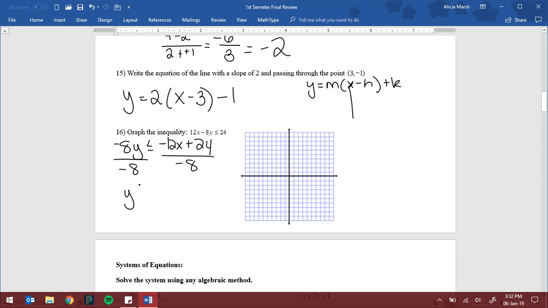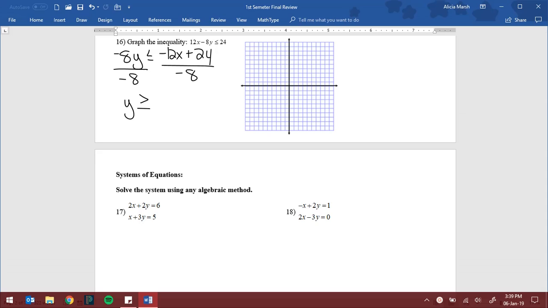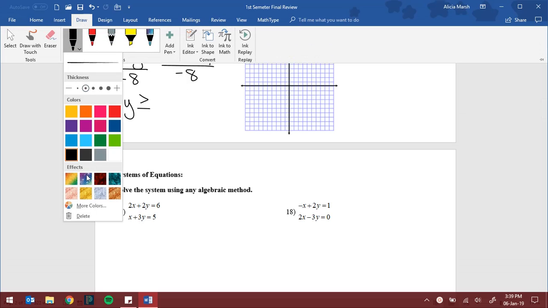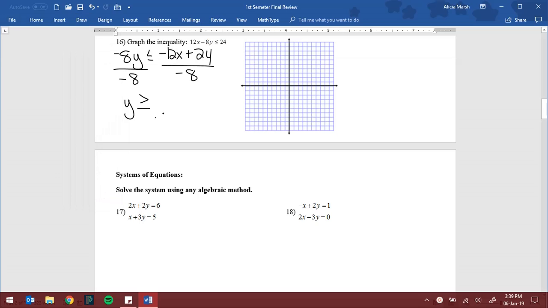And it's an inequality, so I got to make sure I flip that sign. So divide here. I'll get -12, that's 3 halves, right? x minus 3.